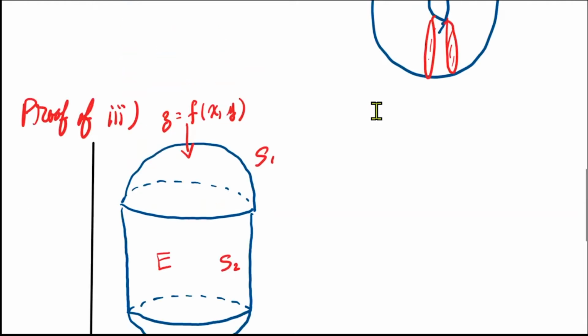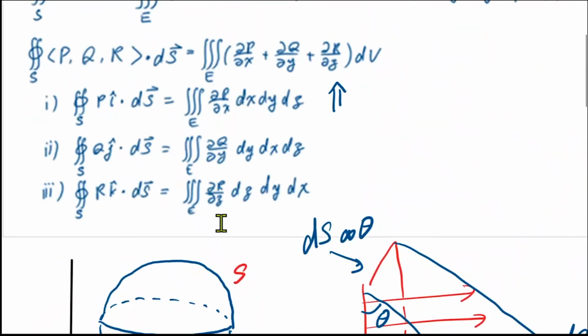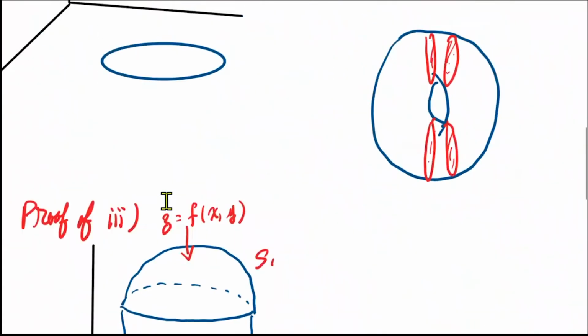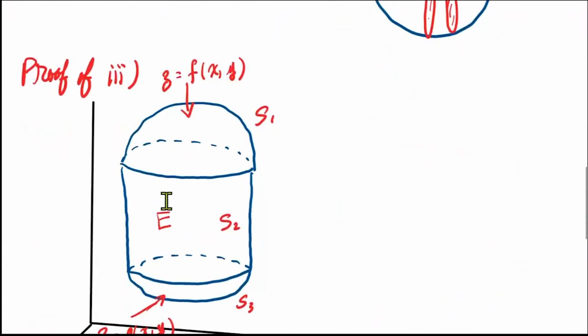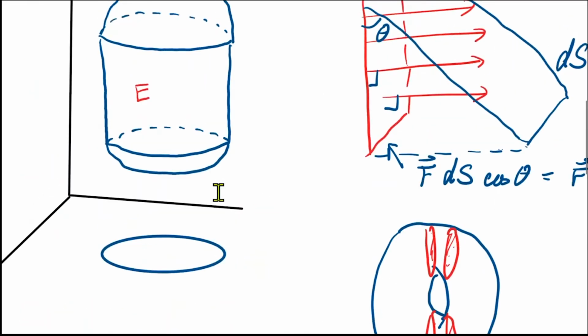Now let's take a look at the right-hand side. I'm going to evaluate this and compare if they are the same thing. That'll complete the proof. So let's write down the right-hand side, the triple integral over E of partial R with respect to Z, with dz, then dy, and dx, correct?